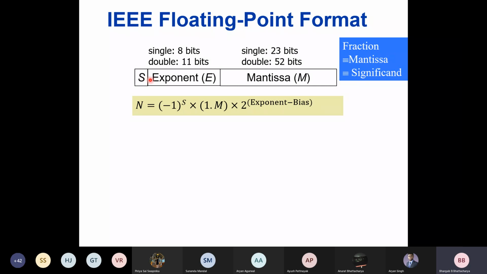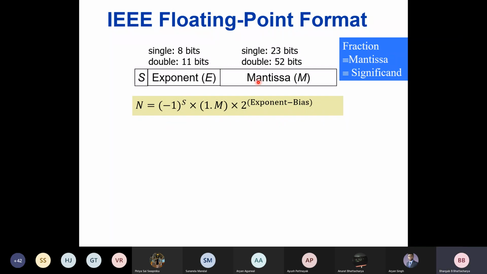So in binary, I have a binary string of 32 bits. I know that the first bit designates the sign, the next 8 bits designate the exponent, and the last 23 bits designate the mantissa. So this number is equal to what? You have the sign bit, so -1 to the power s. If the sign is 0, it becomes a positive number. If the sign is 1, it becomes a negative number, right?